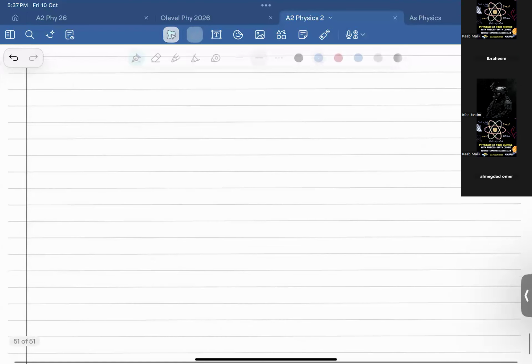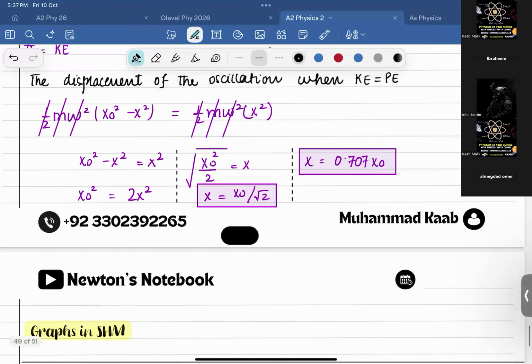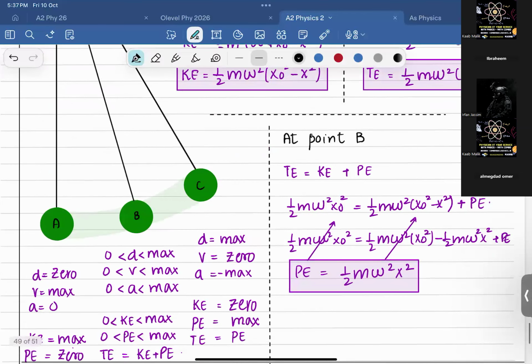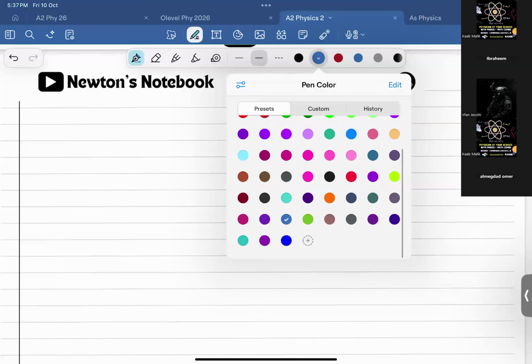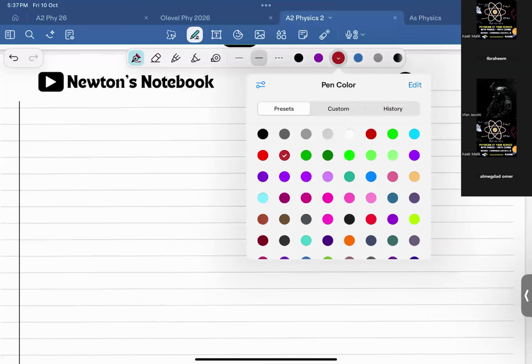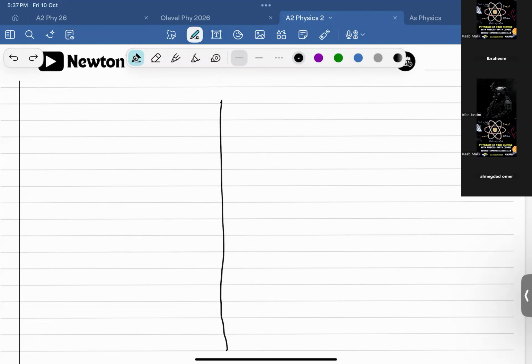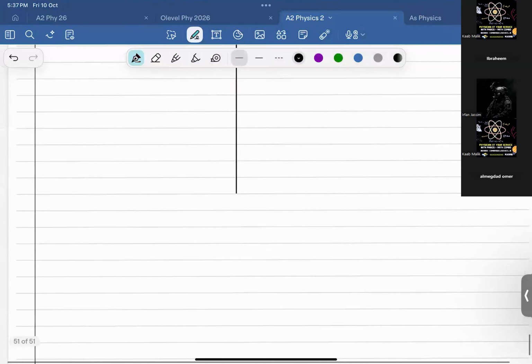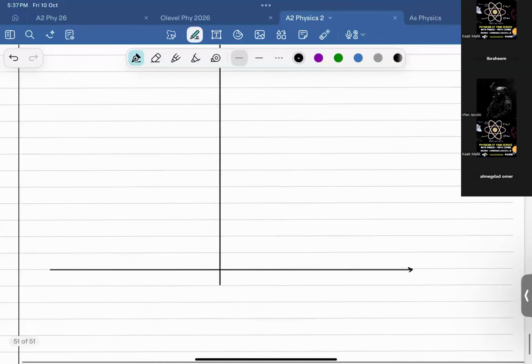If you were to draw the graph, okay. So if they ask you to draw the graph of the energies like this, like in recent years, they usually give the graph like this, okay, right.